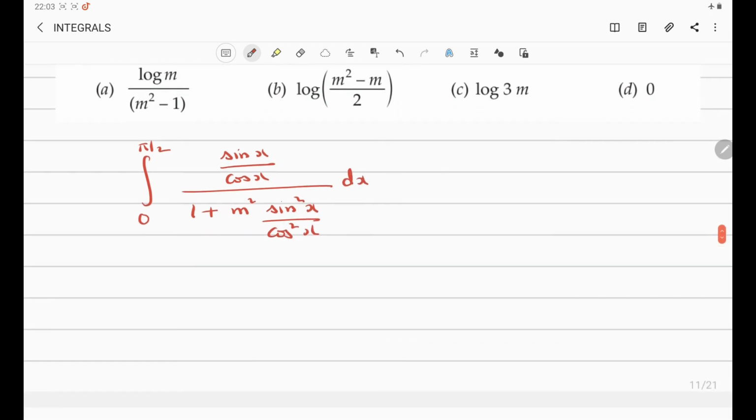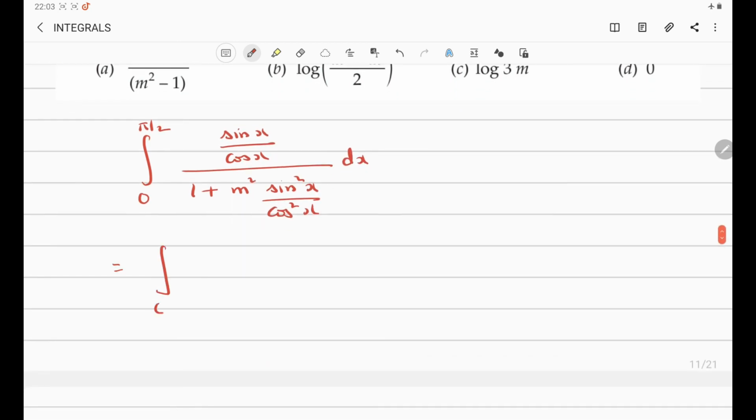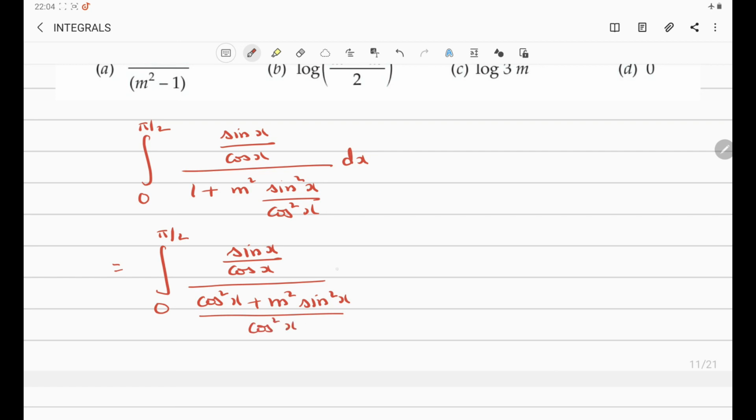dx. So this is equal to 0 to pi by 2. Let's take LCM in the denominator and we get sin x by cos x whole divided by cos square x plus m square sin square x divided by cos square x dx.